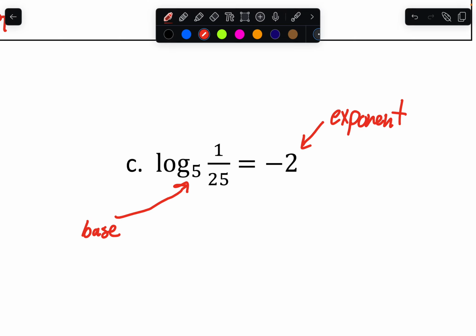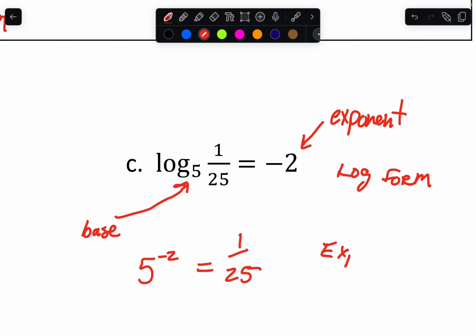So the base here is going to be 5 in exponential form, raised to the exponent -2, and that's equal to what's left, which is 1 over 25. Again, we're not solving for anything here. We're just rearranging things from log form into exponential form.